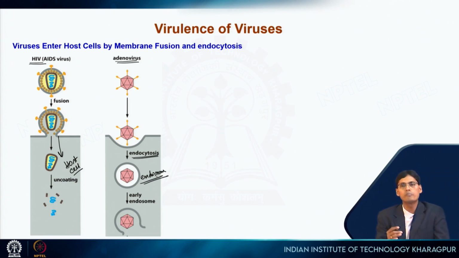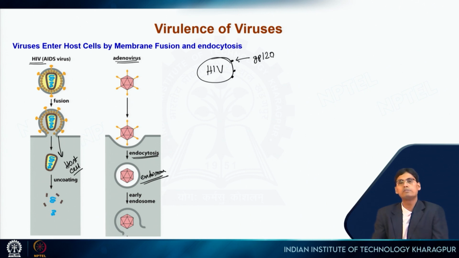can properly happen if some special factors are also present on the surface of viruses, right? So I'll give you a few examples. For example, this HIV, human immunodeficiency virus. On the surface of this virus, it has some glycoprotein. This glycoprotein is called GP120, glycoprotein 120.